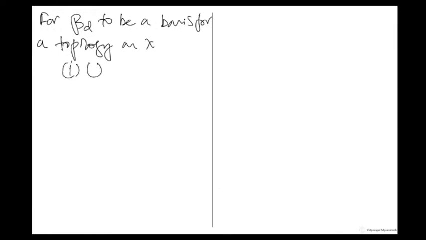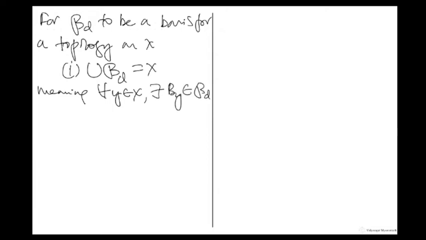One, the union of all elements of B_d has to be equal to X. That means for every point y in X, there exists a B_y in B_d such that y belongs to B_y. That's the first requirement. So it basically means every point of X is in some element of B_d.